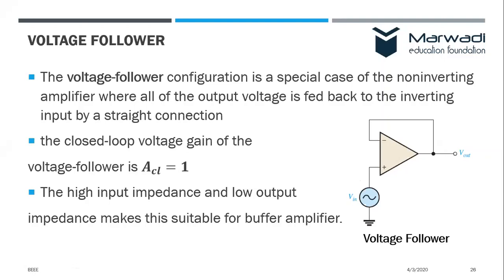It is like when we are speaking, the signal may be comparatively very weak, and then we put the same signal through some kind of amplifier. The high input impedance will reduce the burden on the source, and at the same time there is a low output impedance. So if your input signal is not able to provide, let us say, 10 milliampere because it is very weak, consider an example of my heartbeat.